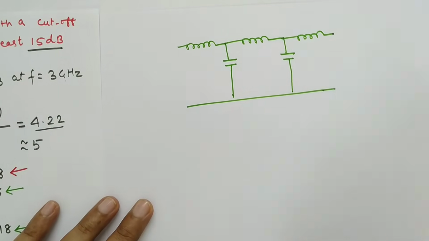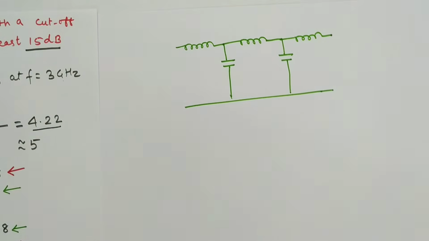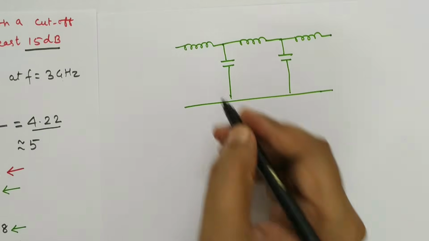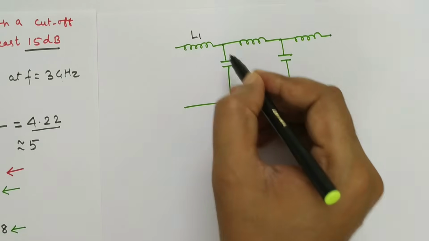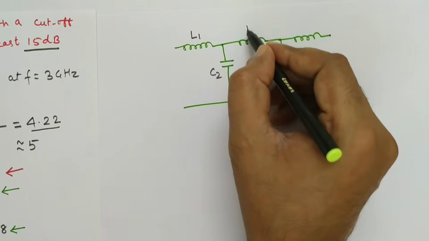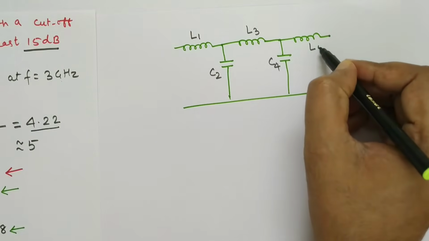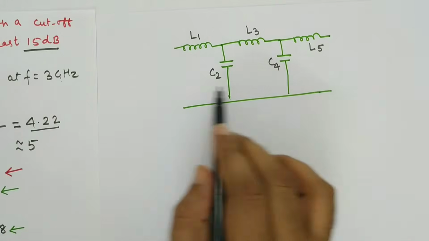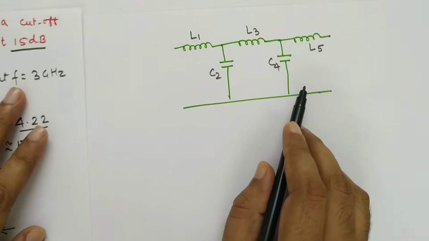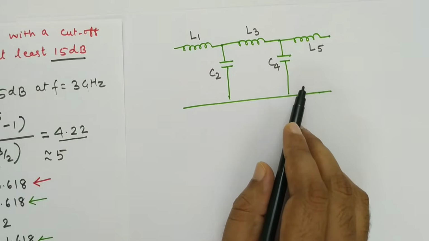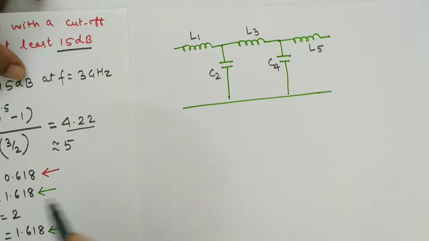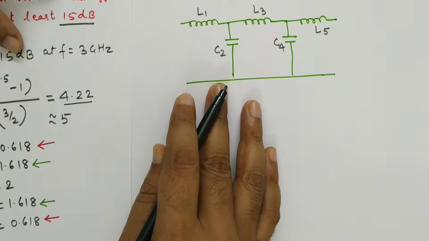This is our prototype filter and we can name the elements L1, C2, L3, C4 and L5. So we have 5 elements and we can calculate these 5 elements by knowing the values of G.